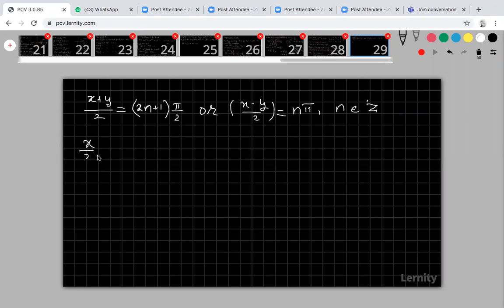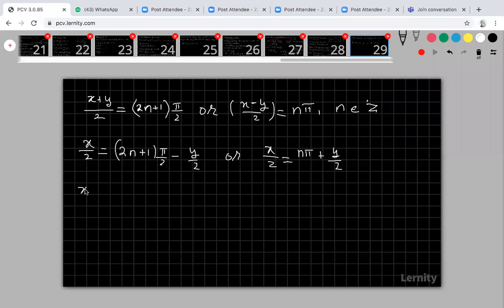This x by 2 is equal to, bring this y by 2 to the right hand side, (2n plus 1) pi by 2 minus y by 2. Similarly, this minus y by 2 becomes plus y by 2, so n pi plus y by 2.